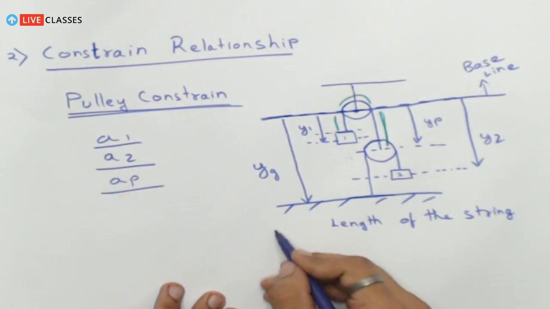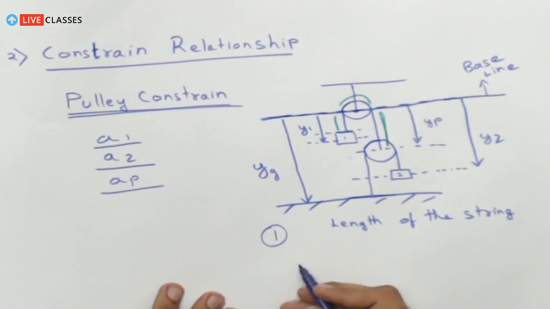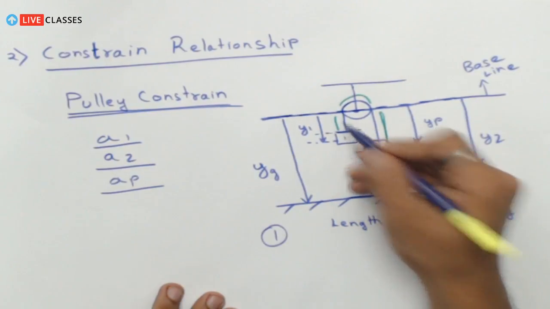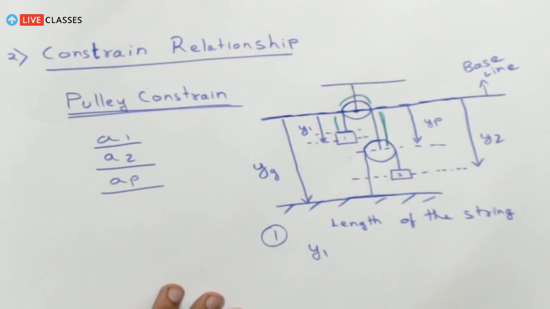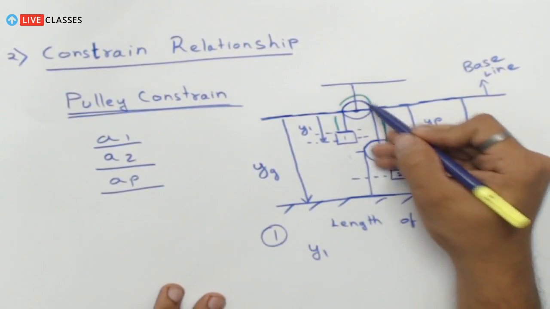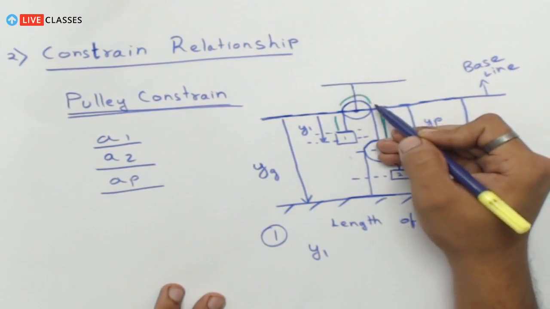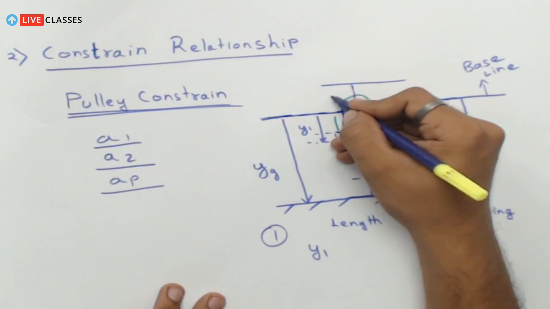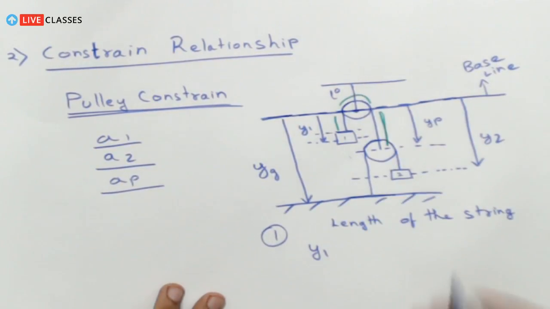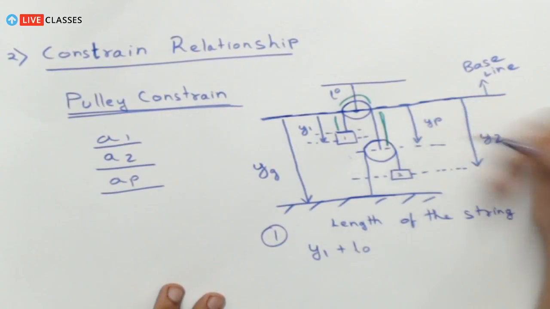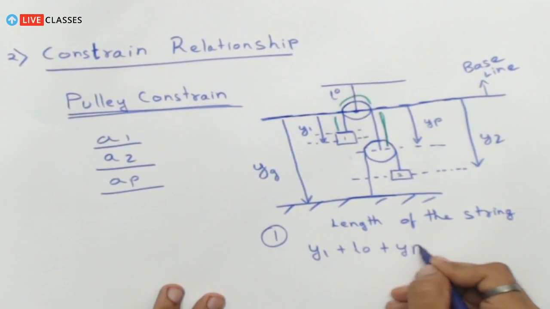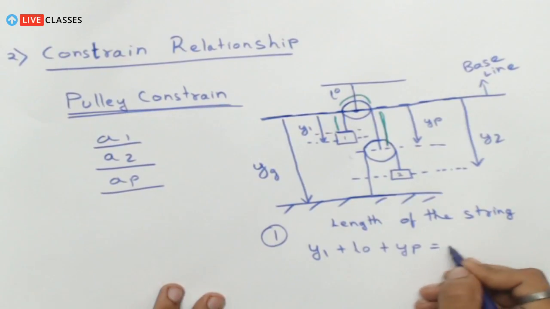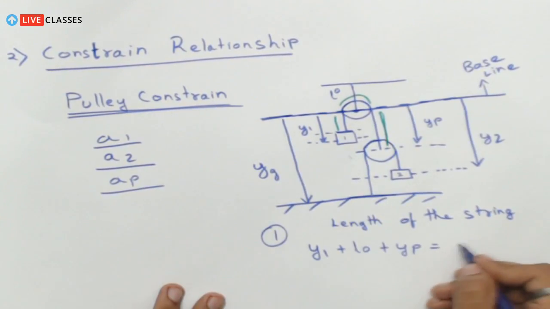So how can we write the length of string 1? This string is y1 plus the string going over the pulley, let's say it's L0, plus this length of the string, which is constant.